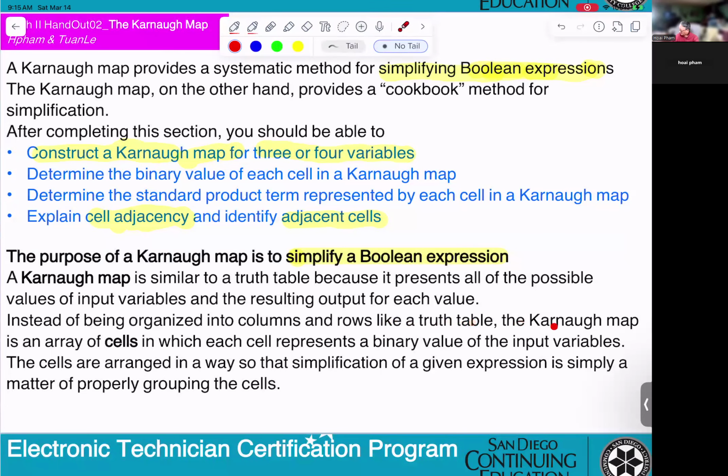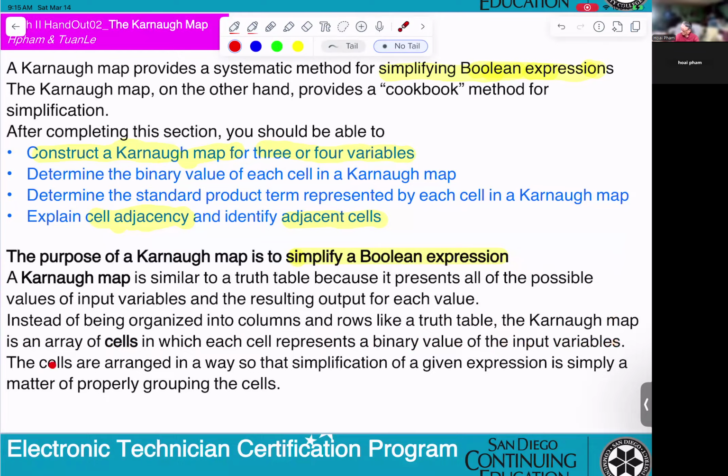The K-map is an array of cells in which each cell represents a binary value of the input variables.